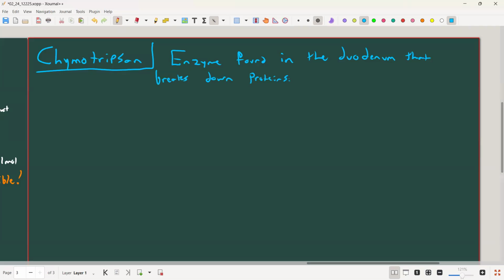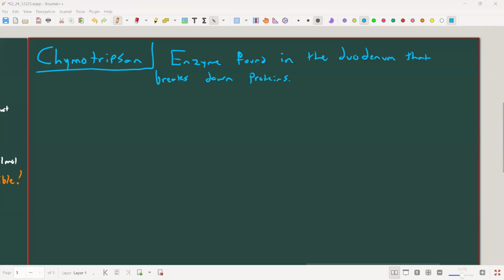And there's a big long series of proteases. Every living being has a class of proteases that do different jobs. Chymotrypsin is one of the proteases. And it has a very particular function.